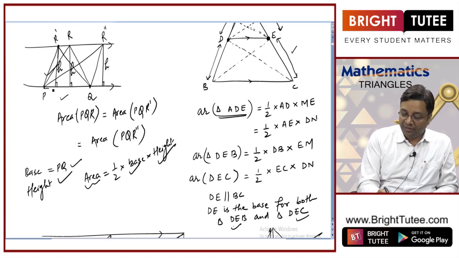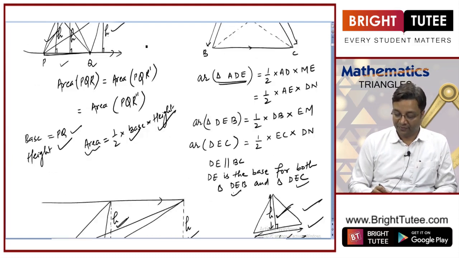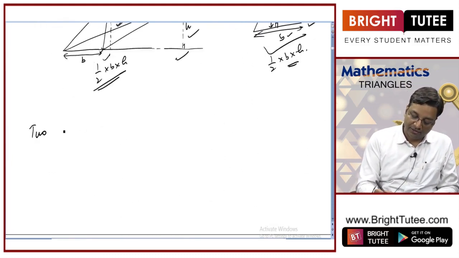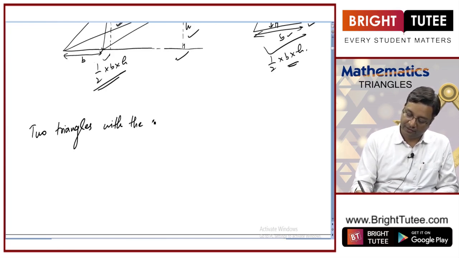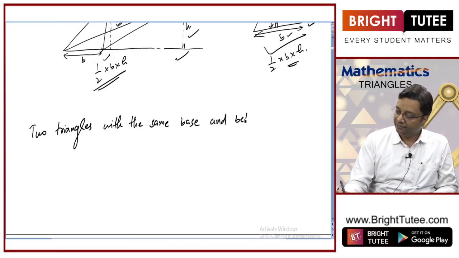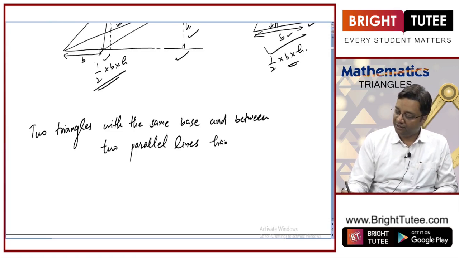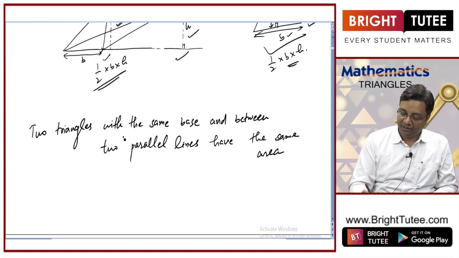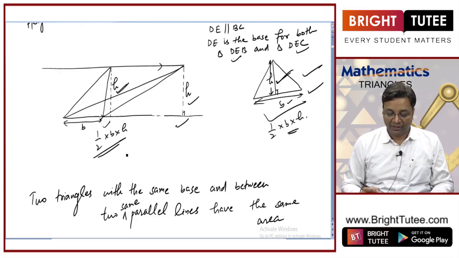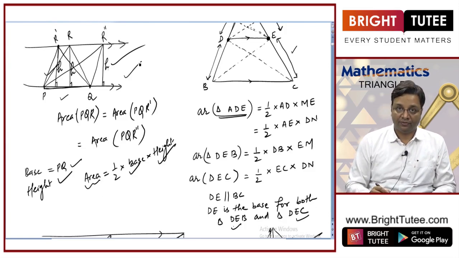Why? Because if the base is same and they are between two parallel lines, the height will necessarily be same. So two triangles with the same base and between two parallel lines have the same area, right? These parallel lines should also be same lines. We discussed about it here also, right?